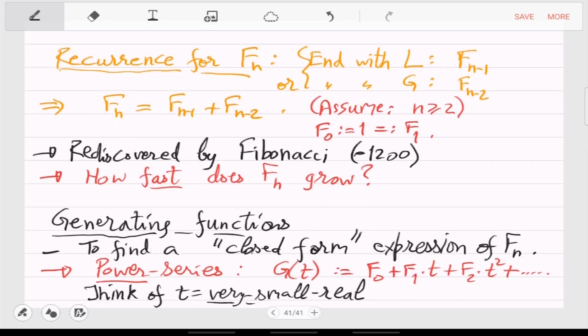If it is very close to 0, then hopefully, no matter how fast Fn grows, still the series will converge to something meaningful. But since we don't know where Fn will go, this is not a very safe bet. Instead, what you do is you just think of t as a variable.